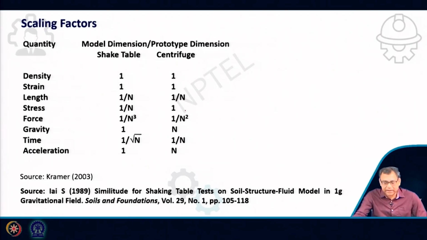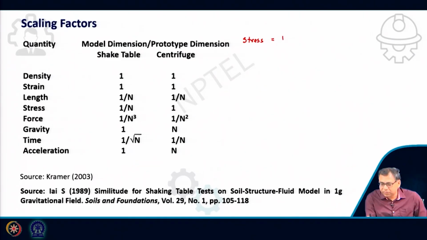But in the centrifuge, this value is 1. That is the advantage in the centrifuge, that here we can generate the same stress level within the lab, the same as the prototype. Clear? Let me give you one or two things on how this stress level comes for the shake table and the centrifuge. It is a simple way that I will discuss for this stress.